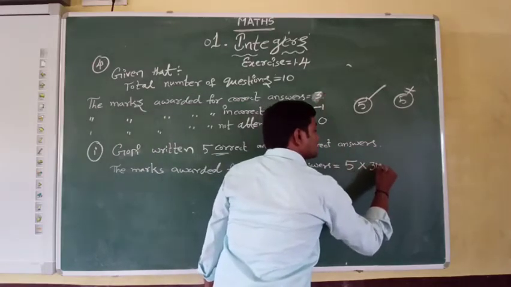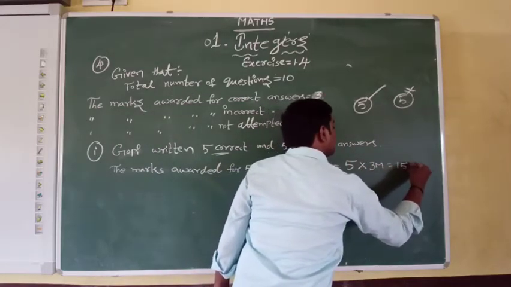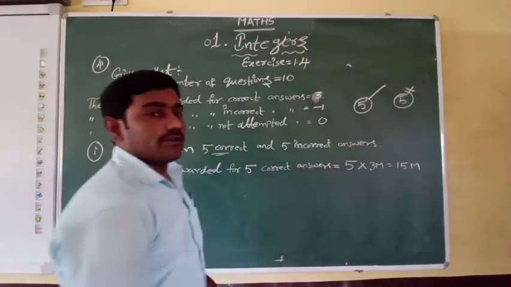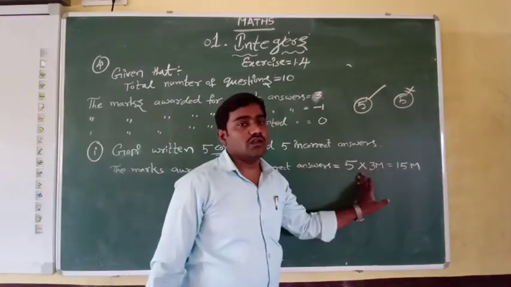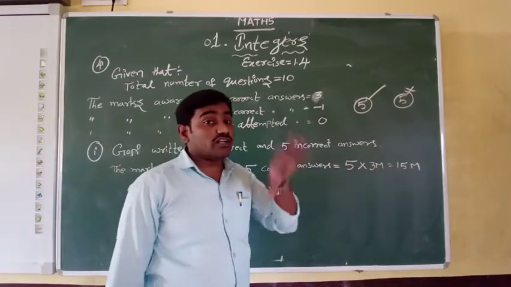So 3 marks into 5 equal to a total of 15 marks you have to get, because you have written 5 correct answers. 5 3s are 15. But we have also written 5 incorrect answers.